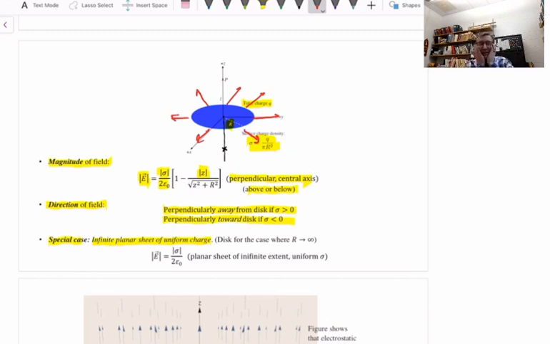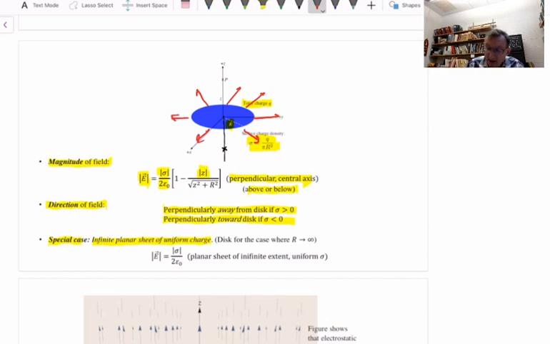Don't worry about how that doesn't seem plausible. We'll discuss when, believe it or not, this situation can actually be used in the real world. But for now, I'm just saying, imagine letting the radius of this disk go out to infinity in all directions so that the disk fills the entire xy plane, and every part of that disk has the same sigma.